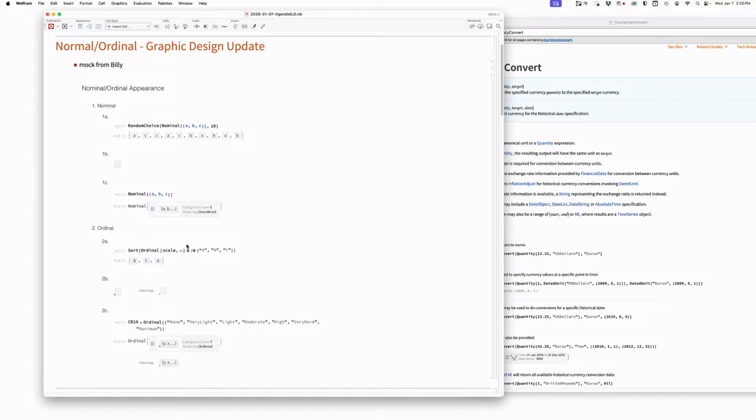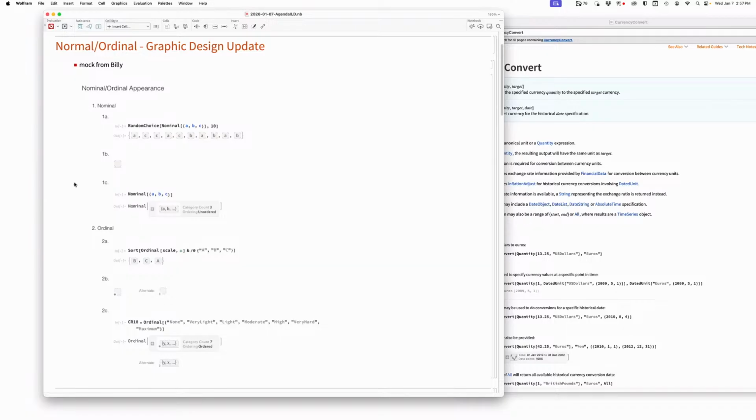For the nominal case, there's a light coloration on the corners. And in the ordinal case, there's a bar along the bottom, and we hadn't settled on whether there would be a numeric indicator of what the nth element of the ordered set is, or just an indicator like a circle. Which one of these are we proposing?